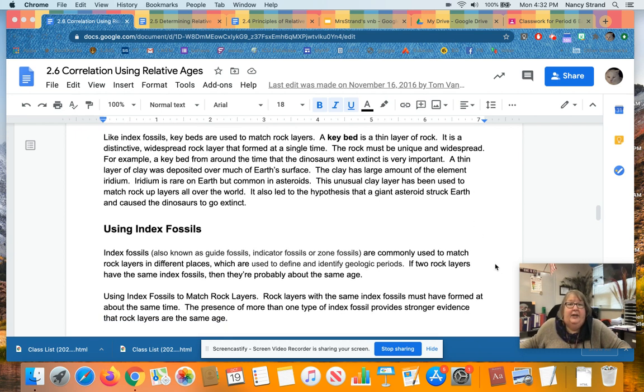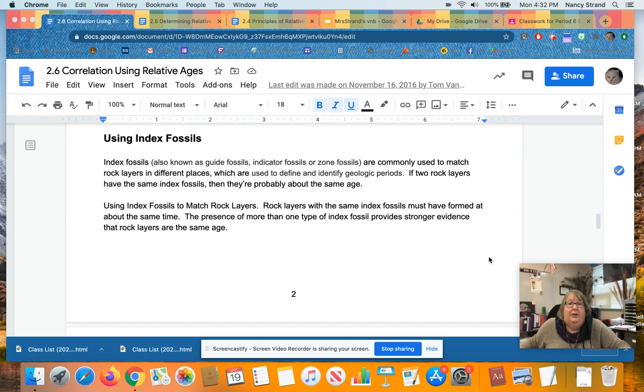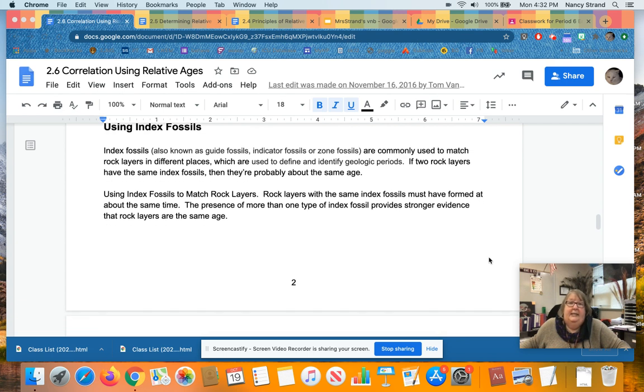Using index fossils, also known as guide fossils or zone fossils, is a common practice used to match rock layers in different places.